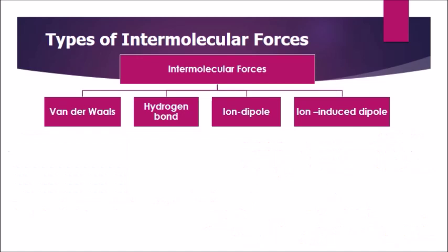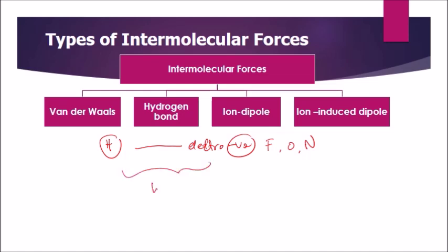Okay, next we talk about hydrogen bond. The interaction between a molecule containing a hydrogen atom and a strongly electronegative atom such as fluorine, oxygen and nitrogen is termed a hydrogen bond.